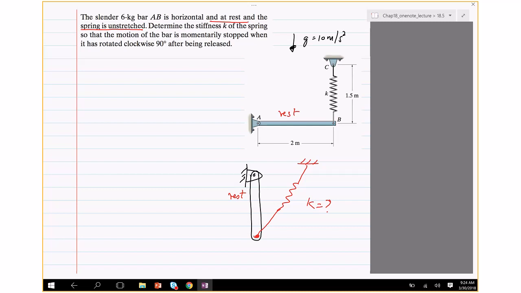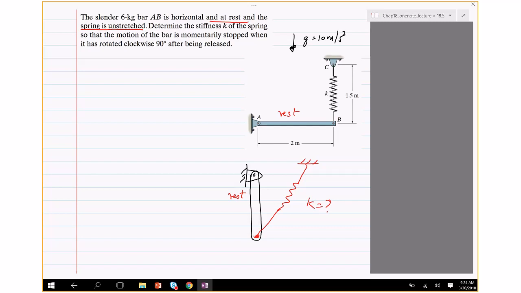So I think the way you solve this, if you did not use conservation of energy, is you draw the free body diagram of this system when the spring is stretched by a little bit.